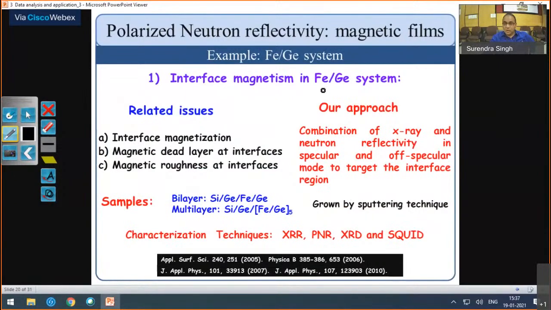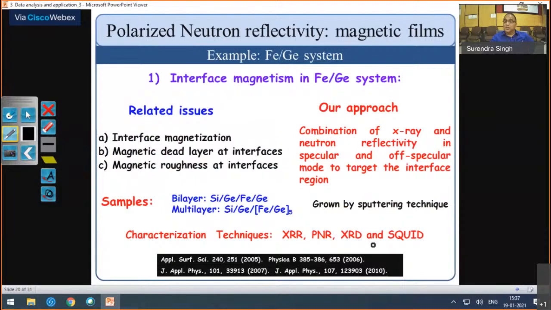So we did X-ray and neutron reflectivity, a combination of specular reflectivity and other techniques, and characterized this whole system. We used both bilayer and multilayer systems, where we have grown iron germanium trilayer on silicon and multilayer on silicon, by sputtering technique.